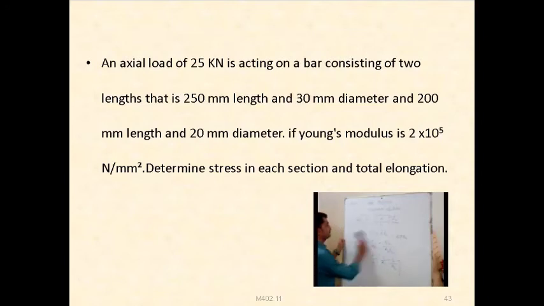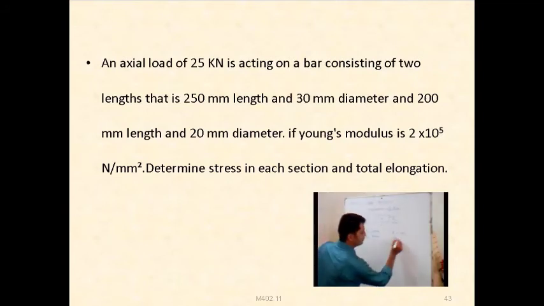What has he given? He has given L1 as 250 mm and L2 as 200 mm, and he has also given the diameter D1 as 30 mm and the diameter D2 as 20 mm.